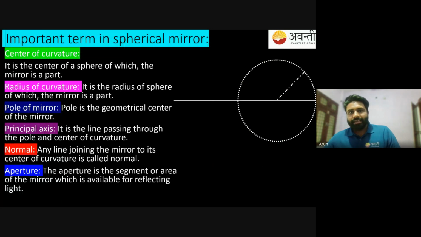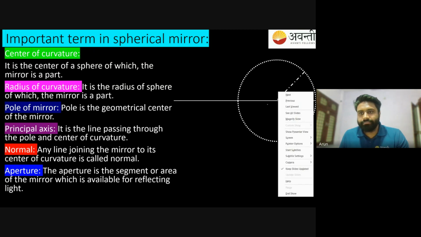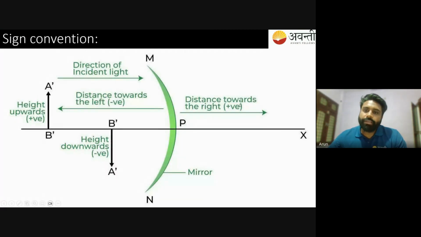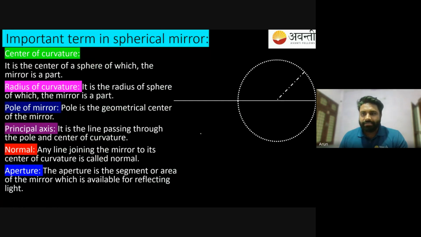There are important terms in spherical mirror that we are going to learn. There are a few terminologies that you have to understand before going to the mirror formula and all of that. So this is the C. Firstly, the center of curvature. We know that spherical mirrors are part of a sphere, and that sphere must have a center. That center is termed as the center of curvature.